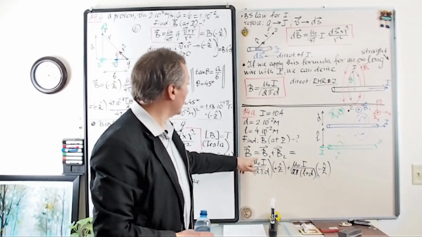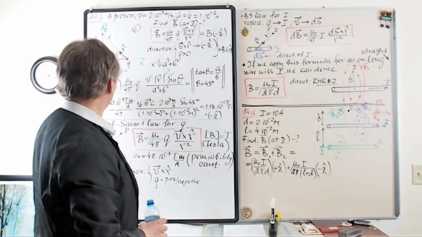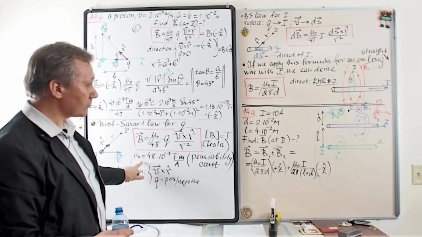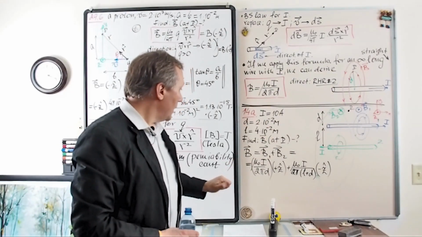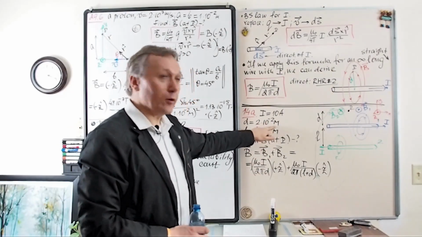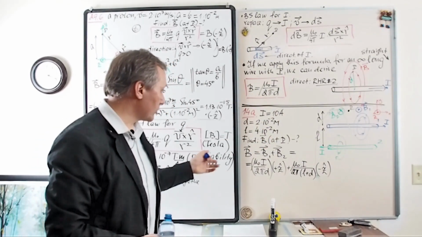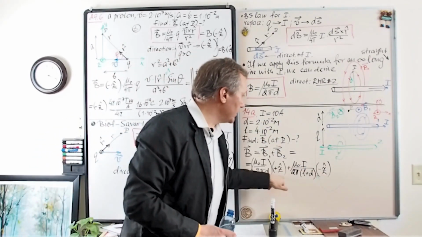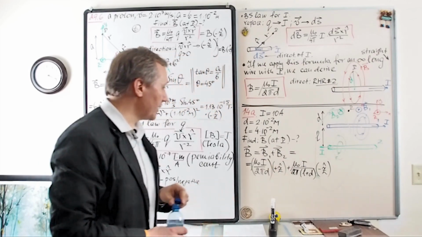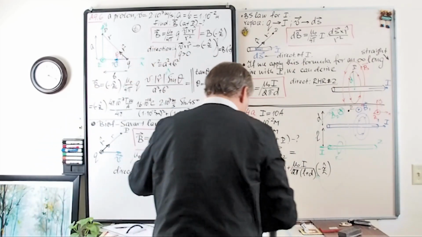So what's left? Now we just need to calculate. Everything is given. Mu naught we know. Current is given. Distances are given. I converted them into meters already, no troubles. And so now Z can be factored out, and some other things can be factored out. Let me make it look nicer.